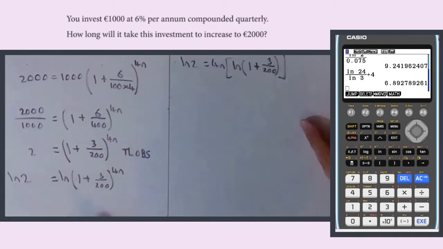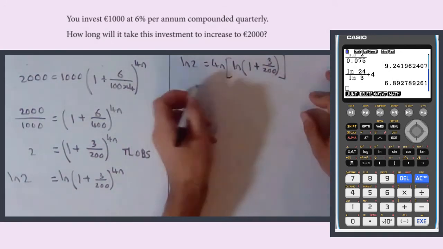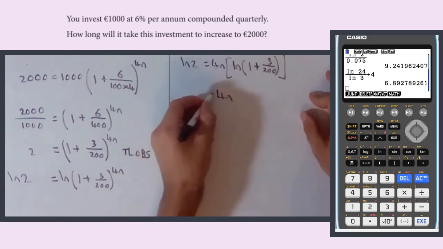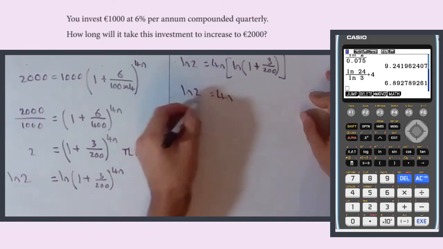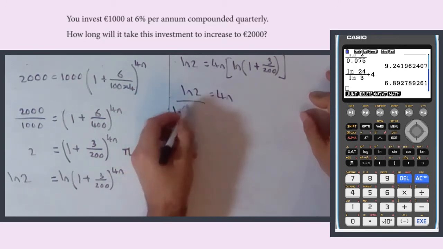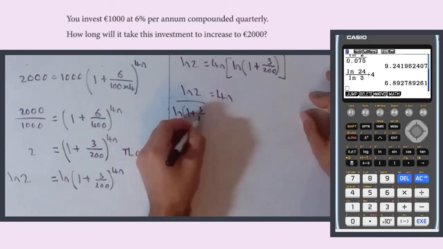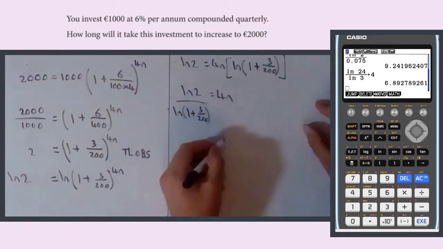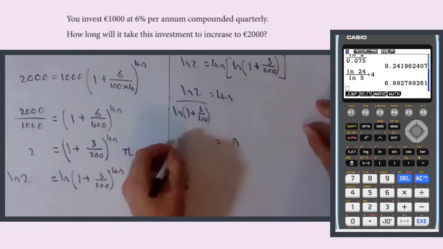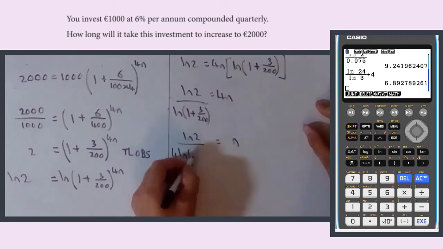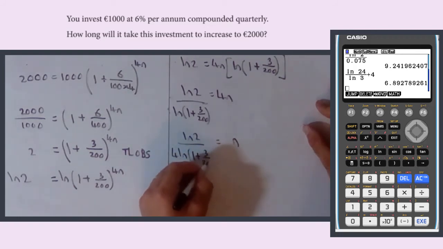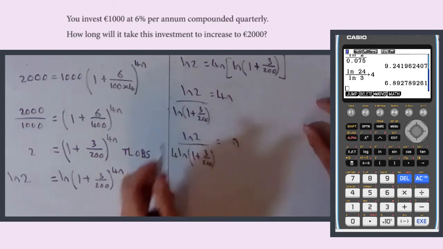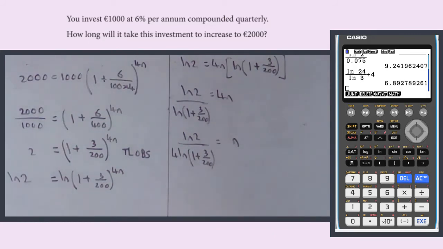So now we can make this 4n the subject. 4n equals ln2 over ln(1 plus 3 over 200). So n is going to be ln2 over 4 times that. n equals ln2 over 4 ln(1 plus 3 over 200). So now we can go to our calculator and we can get an answer for this.